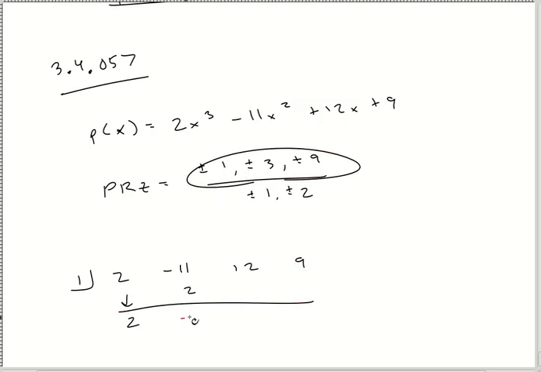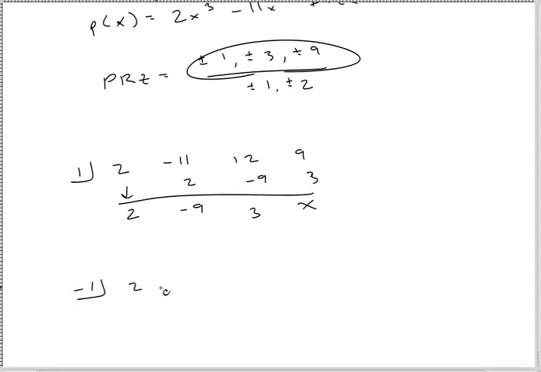So we got a 2, negative 9, negative 9. We got a 3, and that is not 0. You would think eventually I would give up on that positive 1. It just doesn't happen. Negative 2, negative 13. 2 negatives make a positive 13.